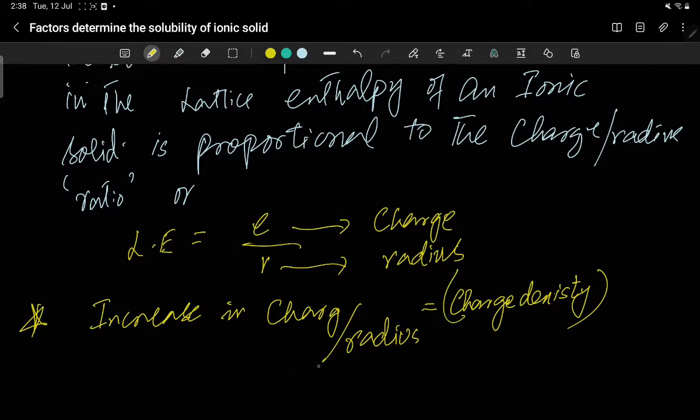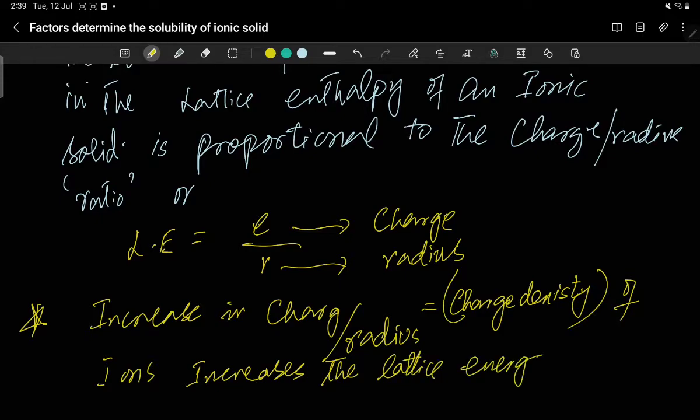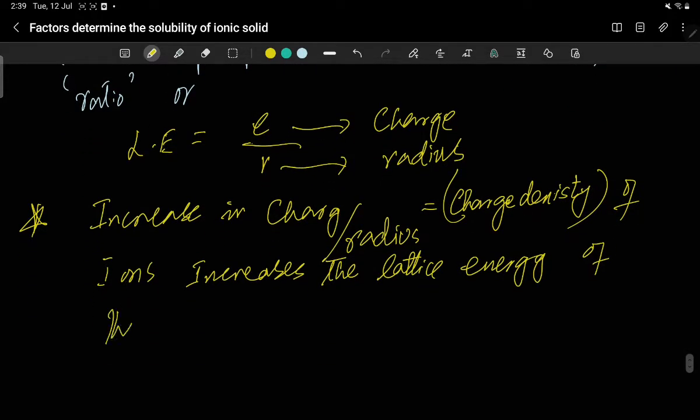The increase in charge over radius, or charge density, of the ions increases the lattice energy of the solid.